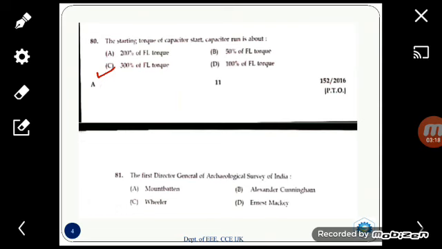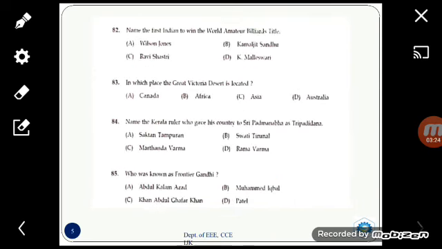Here option B is correct, Alexander Cunningham was the first Director General of Archaeological Survey of India. Next one is: name the first Indian to win the World Amateur Billiards title. Here option A is correct, Wilson Jones, the first Indian to win the World Amateur Billiards title.